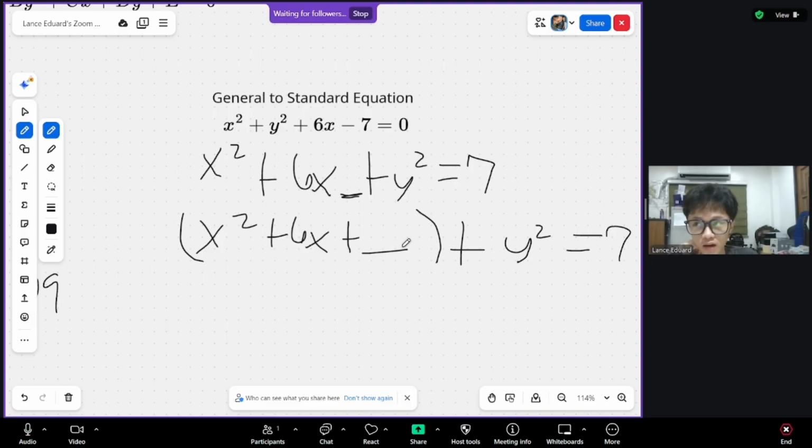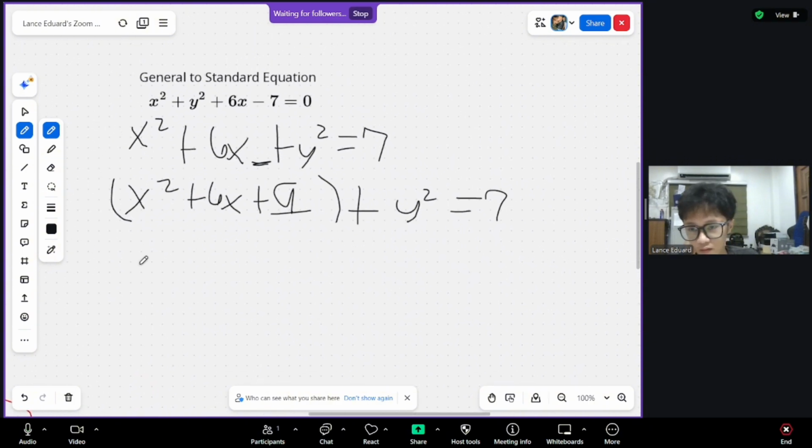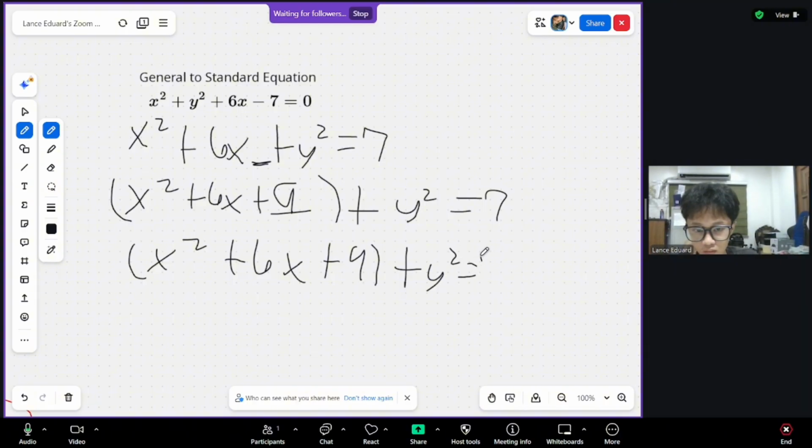Then we'll be raising it to 2 since we have a variable which is raised to 2. So it's going to be 3 times 3 equals 9. So the equation will be x squared plus 6x plus 9 plus y squared equals 7.